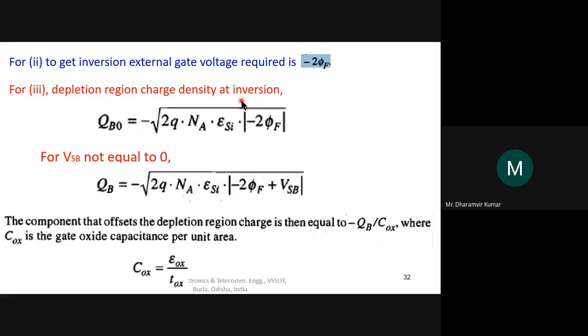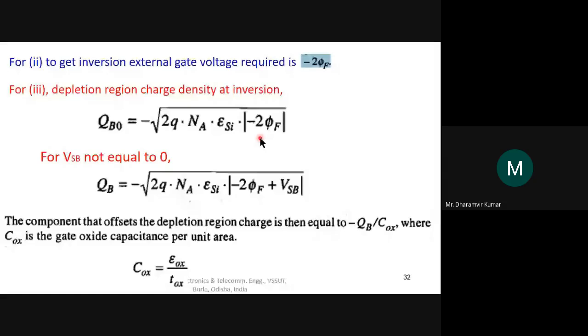So bringing out that equation here, we can say that the depletion region charge density at inversion is equal to minus square root of 2 q Na times epsilon Si times the magnitude of minus 2 phi F, where q is the charge, Na is the acceptor concentration, epsilon Si is the permittivity of the silicon, and 2 phi F is the same value as this one.